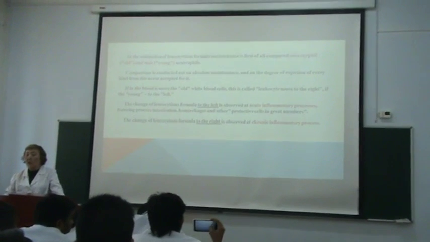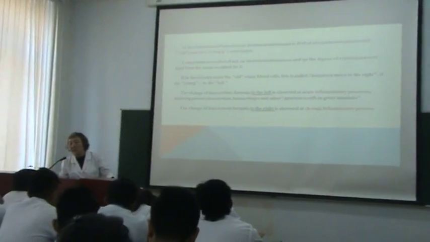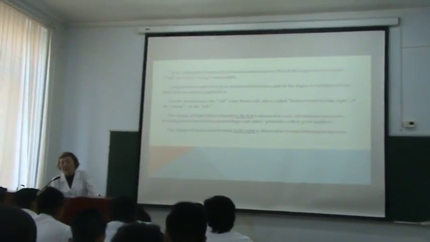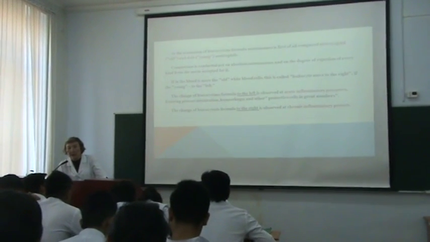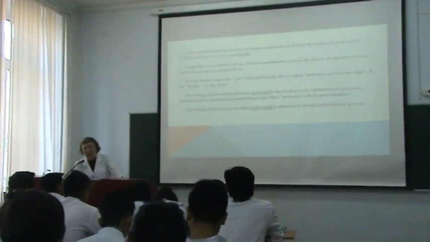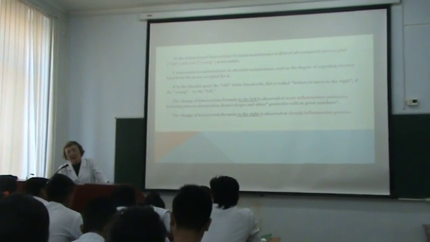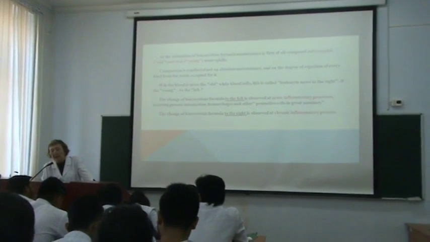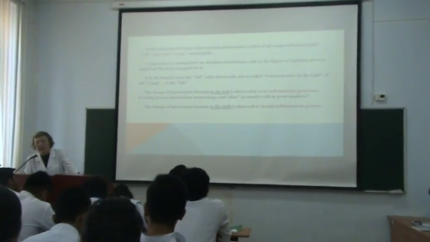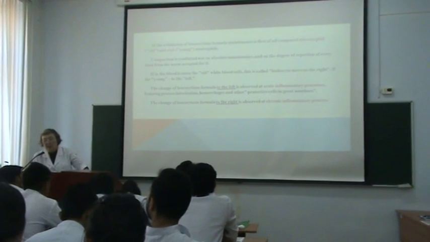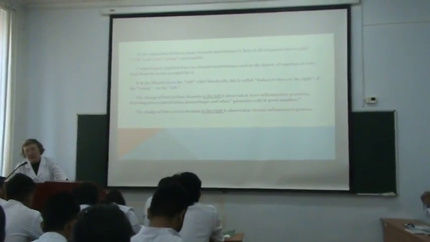The estimation of the leukocyte formula is first of all a comparison of old and young neutrophils. The comparison is conducted not by absolute numbers but by the degree of rejection of every kind from the normal accepted for it.